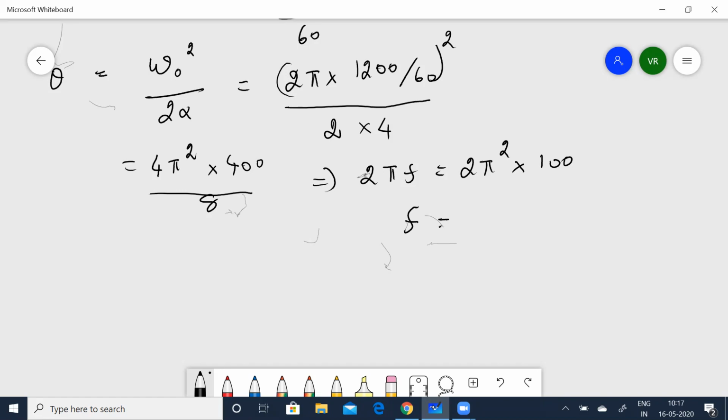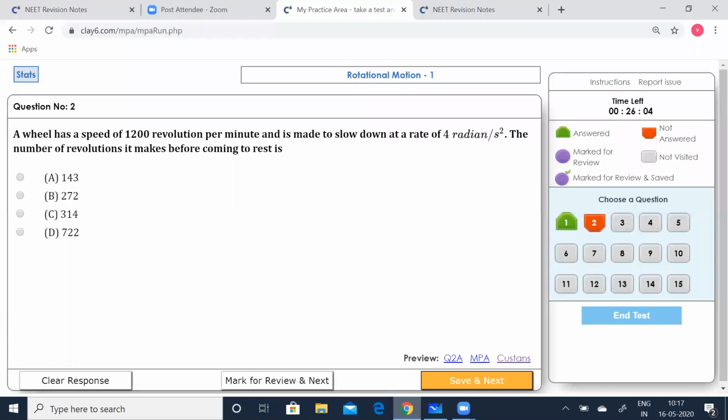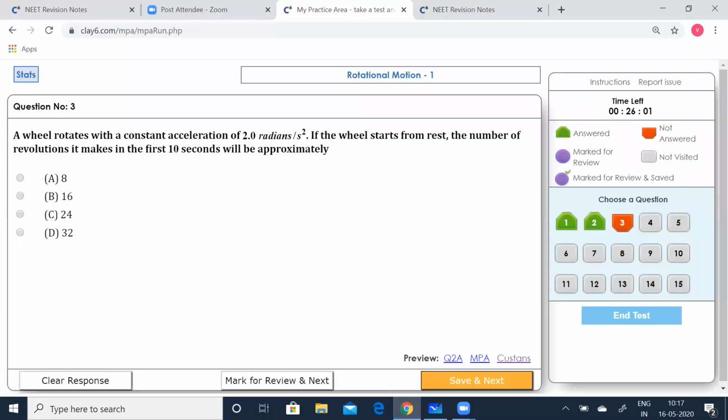From this we can calculate f to be equal to pi, cancelling 1 pi and the 2s, times 100. If you take pi to be 3.14, it becomes 314. Let's see which option is correct. Option C is correct. Save that, go to the next.